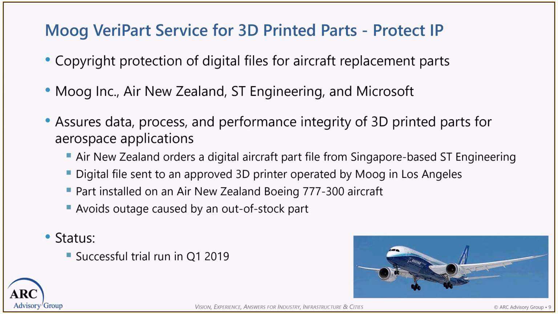That successful trial occurred in early 2019, and because they used blockchain, the Singapore-based engineering firm could be assured that they were properly remunerated for the use of their IP to make that part.